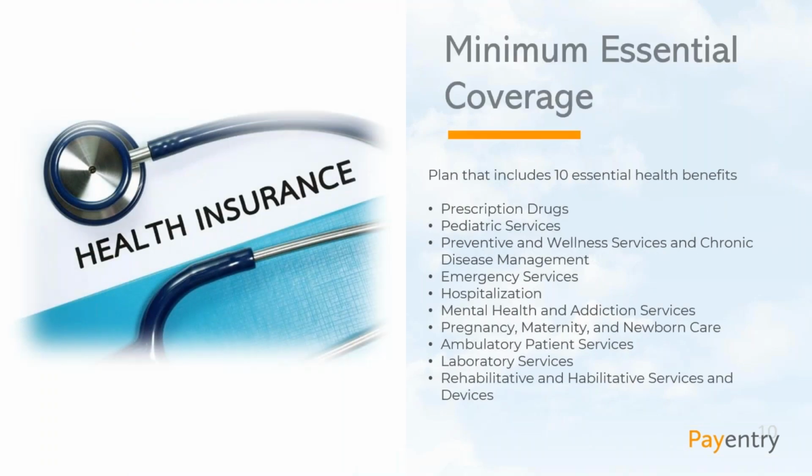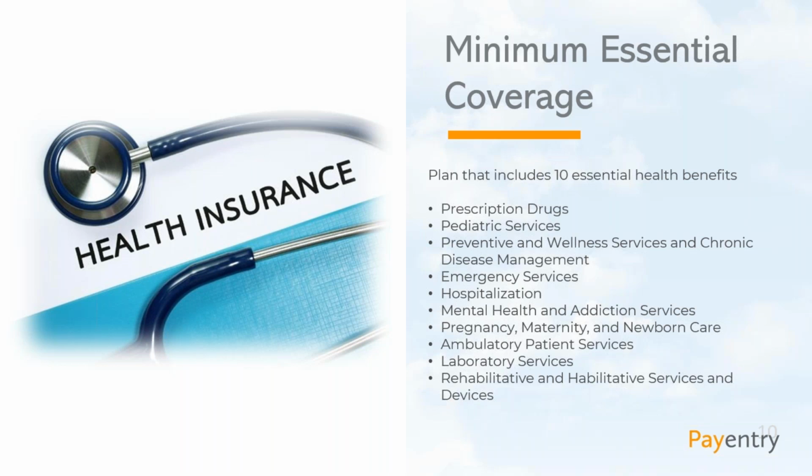Minimum essential coverage is basically a plan that includes 10 essential health benefits, and they're listed here. I'm not going to go over each one of them, but the plans that are being sold by insurance companies and by the marketplace are usually minimum essential coverage plans. On the marketplace, yes, they are.